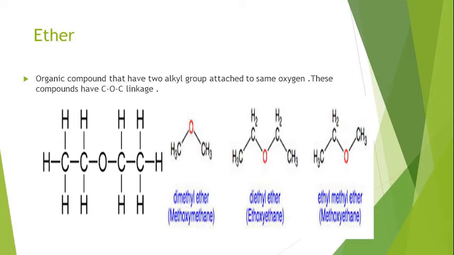The ether is called unsymmetrical or mixed ether. You can see in the third case, the oxygen is attached with 1 methyl and 1 ethyl group. So it is an unsymmetrical or mixed ether.